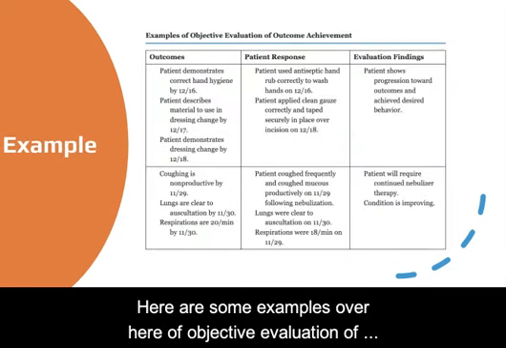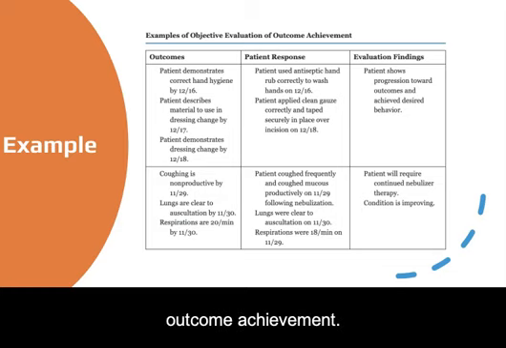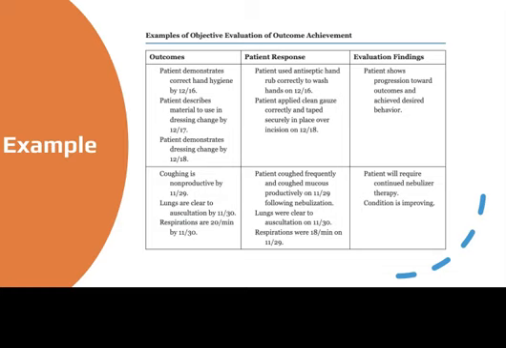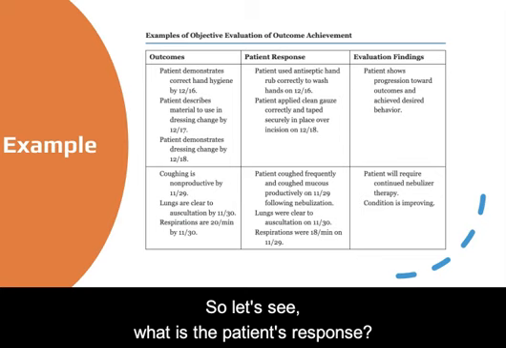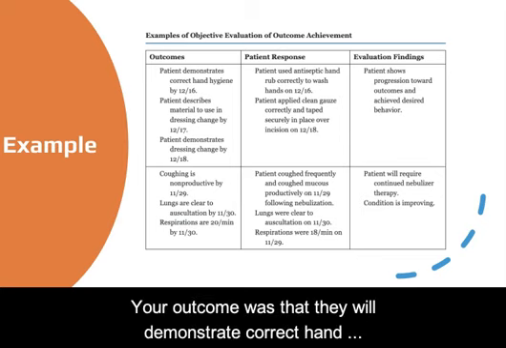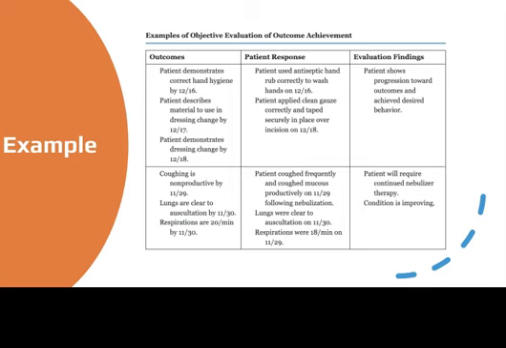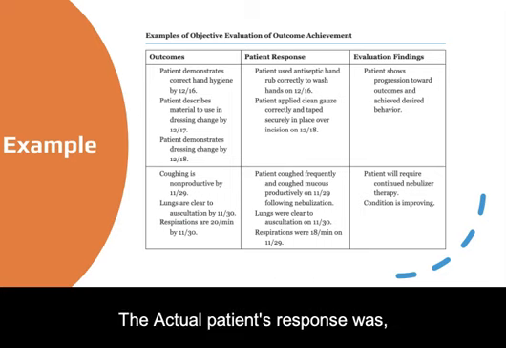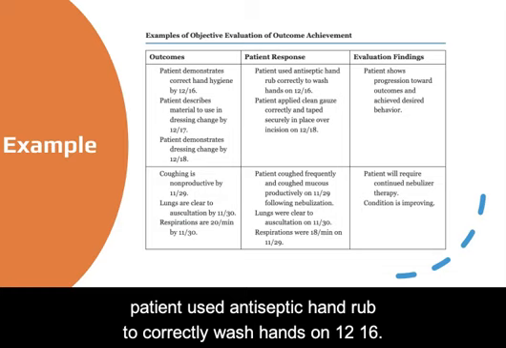Here are some examples over here of objective evaluation of outcome achievement. For example, outcome: patient demonstrates correct hand hygiene by 12/16. So let's see, what is the patient's response? The actual patient's response was patient used antiseptic hand rub to correctly wash hands on 12/16.